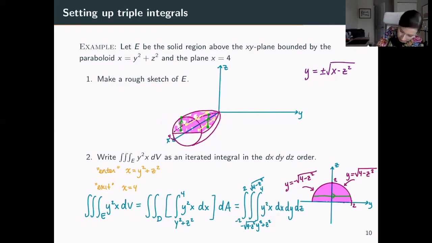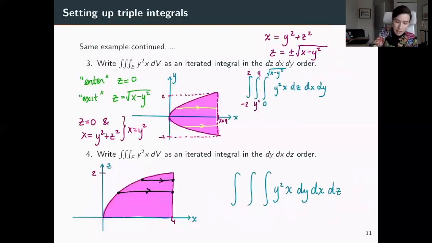So we have our entrance and our exit going from the minus to the plus side of the surface. This allows us to write this: entering from the negative square root of x minus z squared, and then exiting onto the positive square root of x minus z squared. So we have our entrance, we have our exit, and again, we need to look at that projection.